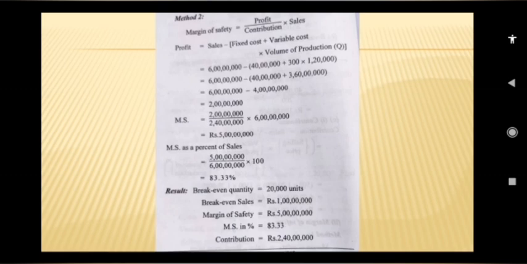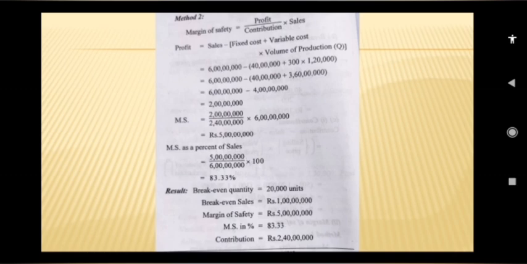Method 2: margin of safety is equal to profit divided by contribution into sales. Profit is equal to sales minus fixed cost plus variable cost into volume of production: 6 crores minus fixed cost 40 lakhs plus 300 variable cost into volume of production 1,20,000 units.